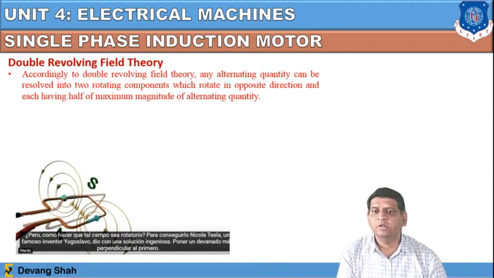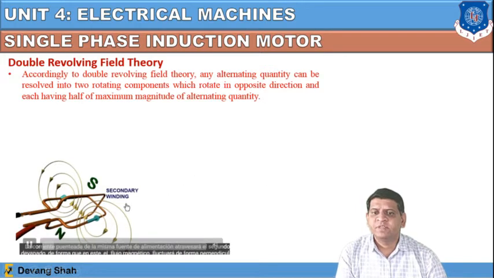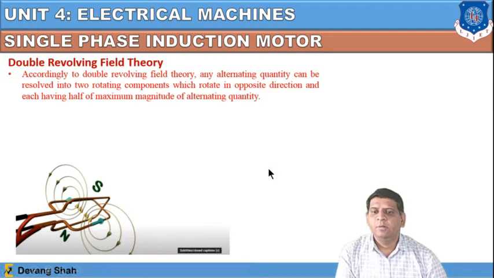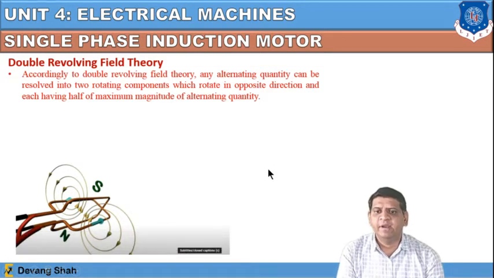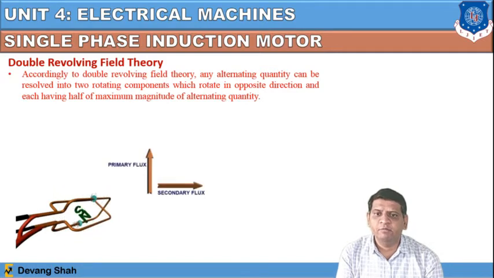In this particular theory, if you look at the video, the secondary winding is placed in a perpendicular direction to the main winding. So now two windings are available here. One is the main winding and the other is the auxiliary winding.